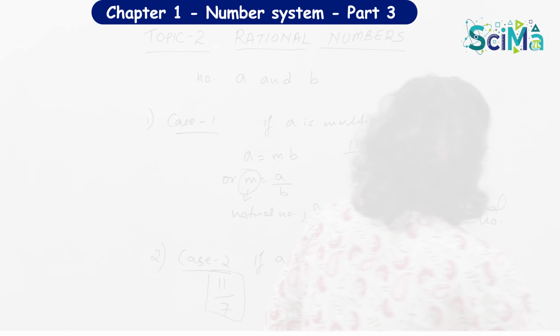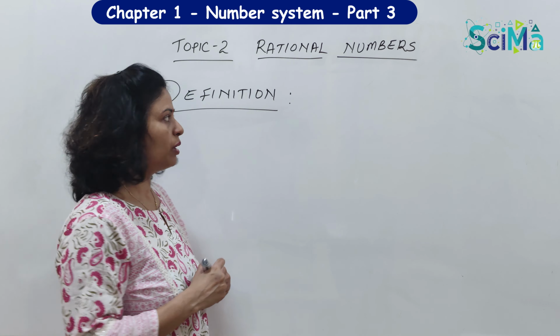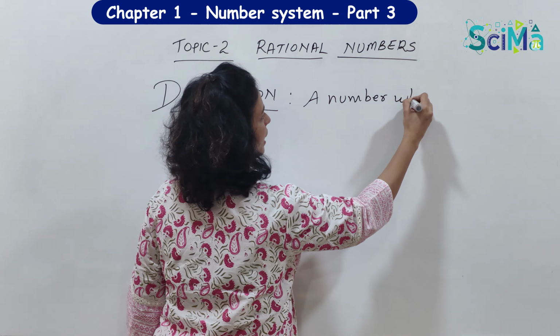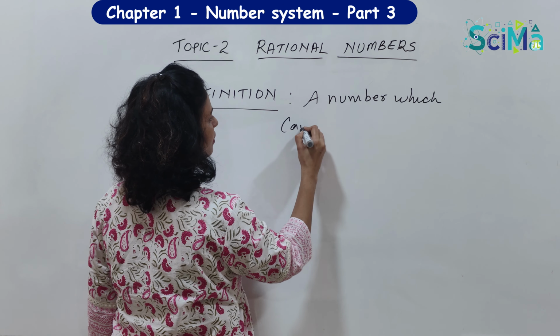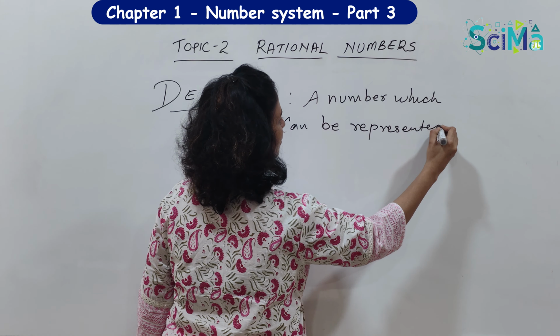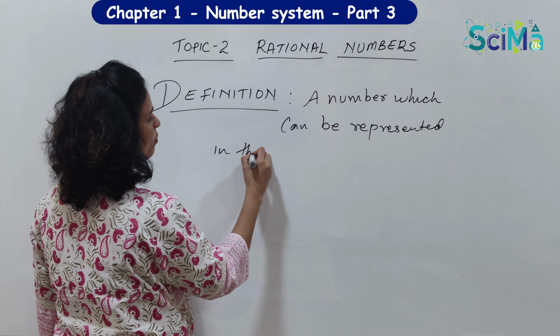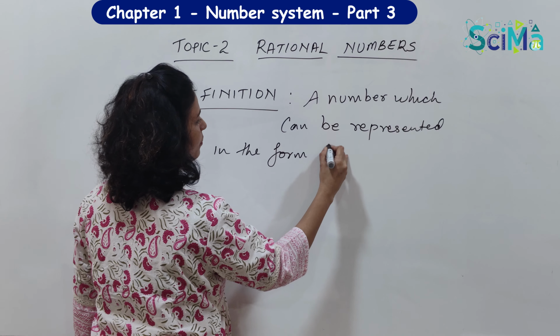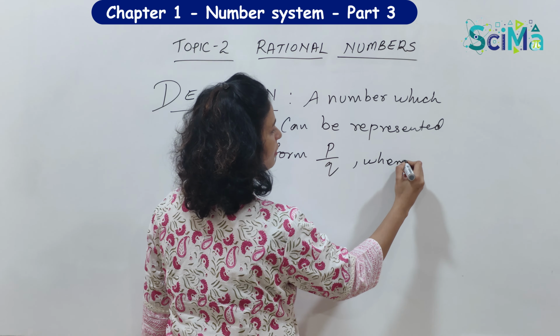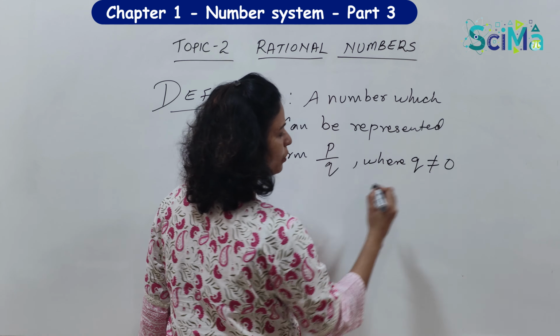Okay. So now we can define a rational number as a number which can be represented in the form p by q, where q is not equal to 0.